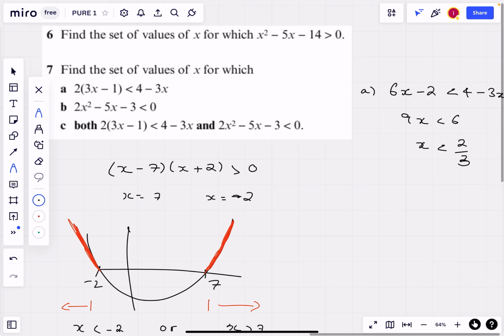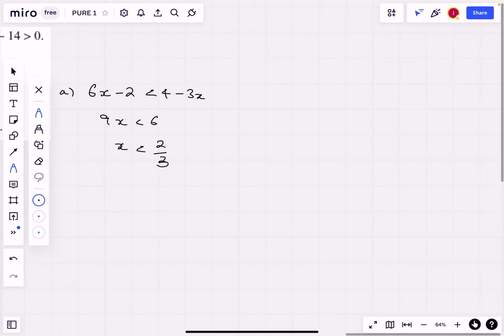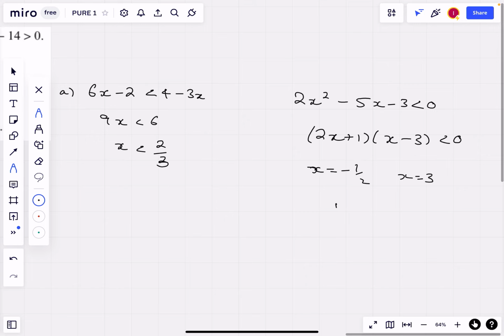2x squared minus 5x minus 3 is less than 0. You factorize that, and when you do, you get 2x plus 1 and x minus 3 is less than 0. So that means x is equal to minus a half, x is equal to 3.